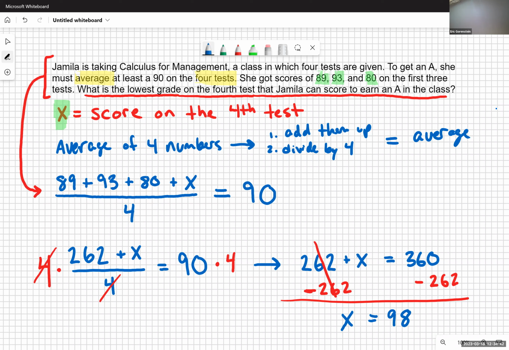And we know what that means, x equals 98, because what I wrote in red, the first thing I wrote, x equals the score on the 4th test to get at least a 90. So we need 90 or above, so a 98 on this test will give Jamila an average of 90% over those 4 tests. So there is our answer.